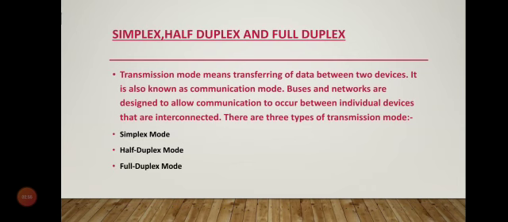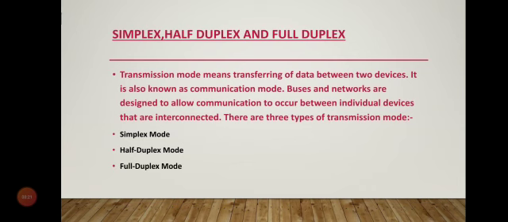Three types of buses are there in the computer: parallel data bus, control bus, and universal serial bus. Buses and networks are designed to allow the communication to occur between the individual devices that are interconnected.